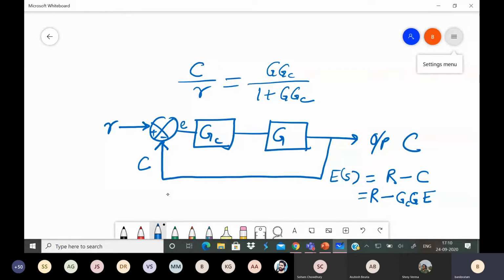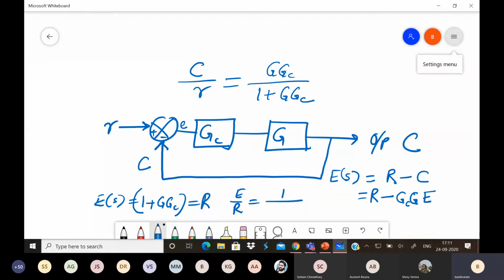So then from here the expression of E(s), you take E(s) common, so 1 plus G into Gc, that was equal to your R. So from here you can write E by R equals to what? 1 by 1 plus G into Gc, is not it?